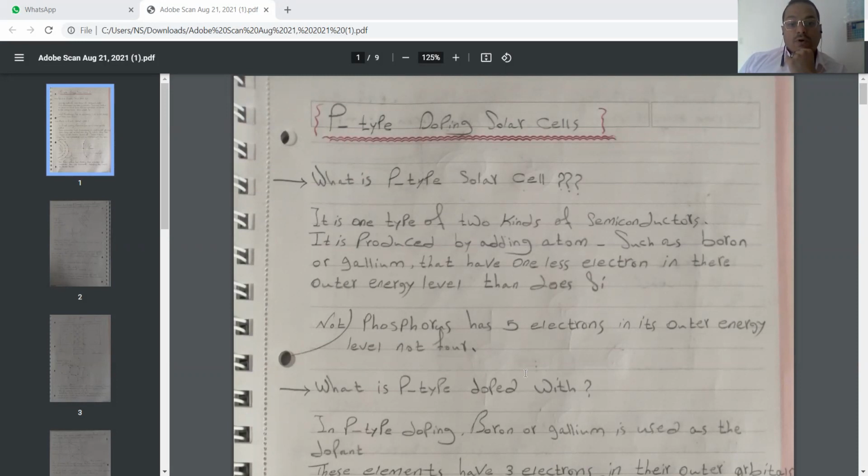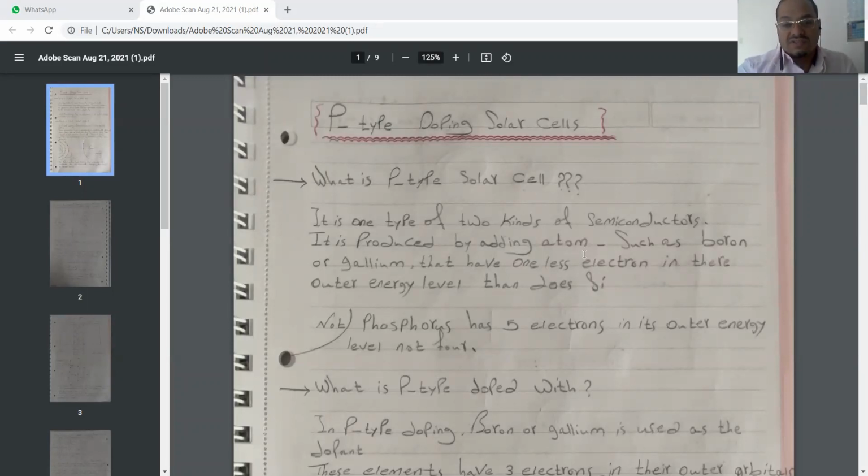Like I said before, we have two kinds of doping. P-type is one of these two kinds of semiconductor. It is produced by adding one atom, such as boron or gallium.